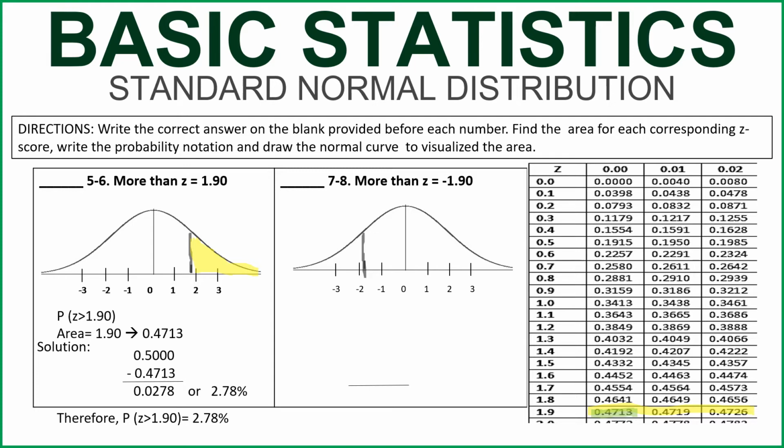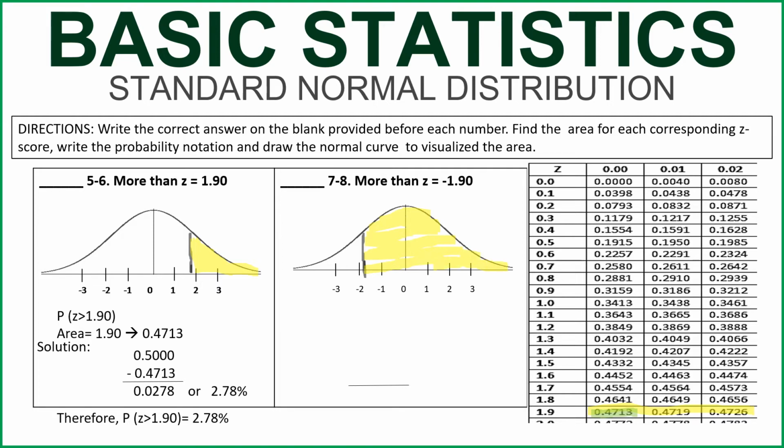What are the numbers higher than negative 1.90? Aren't they the positive ones, on its right side? So, we shade the right side. These are the numbers higher than, or more than, negative 1.90.